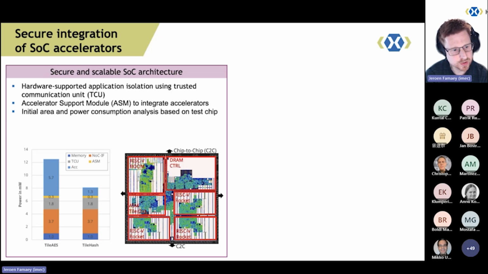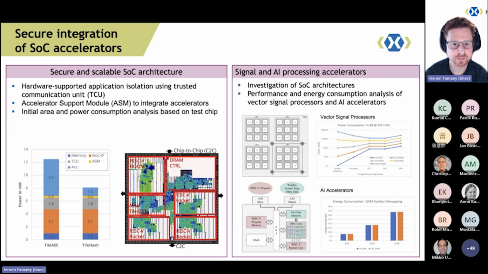A test chip was produced, and we performed area and power consumption analysis of which you can see some results on this slide, showing power in the order of milliwatts.